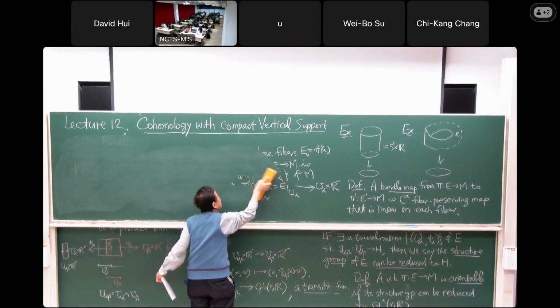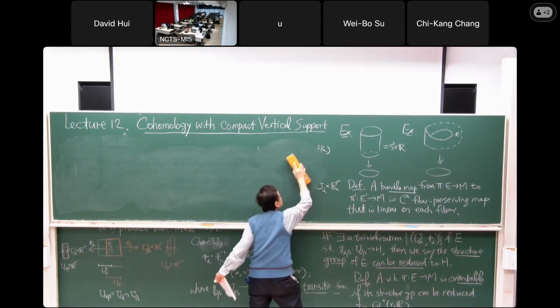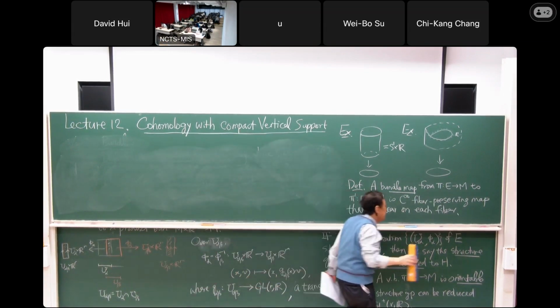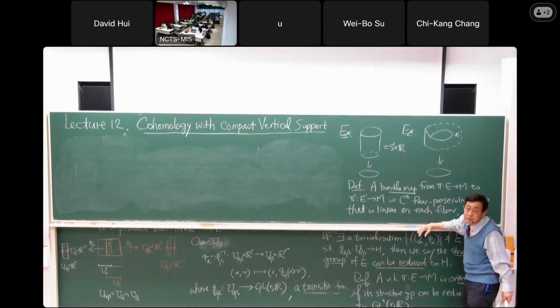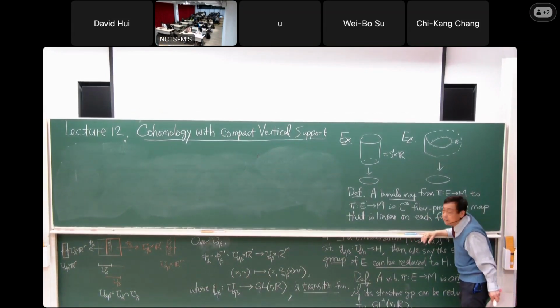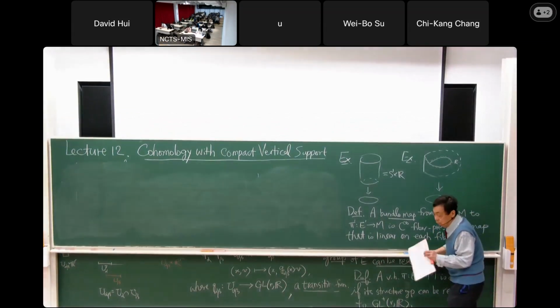Okay, now you can have trivializations where the transition functions sometimes have positive, sometimes have negative determinants. So we don't want that.